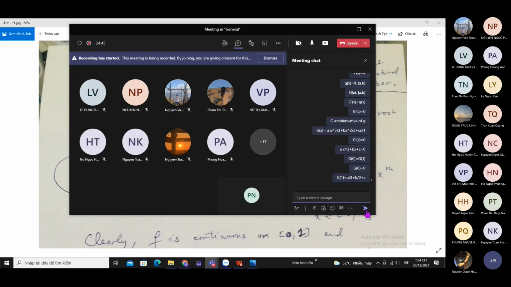But a over 3 plus b over 2 plus c may be different from 0. I mean, maybe G of 0 is different from G of 1. And that's why the condition G of 0 equals G of 1 is not satisfied. Okay? And that's why we have to improve the function capital G a little bit.